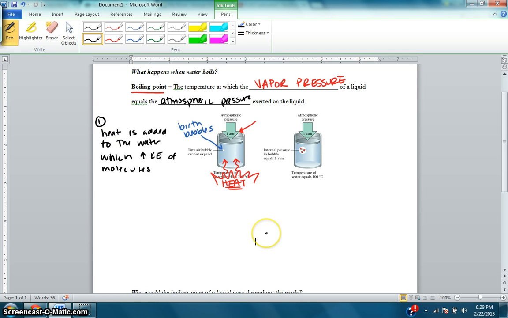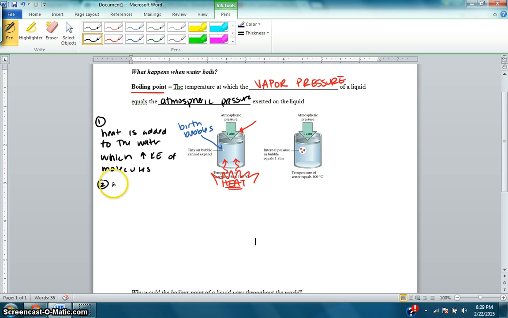So that's the first thing we have to do when we have boiling: we have to have heat being added to our water to make the molecules move faster. Because we learned in our evaporation reading that in order for us to evaporate, we have to break our intermolecular forces. And that's what has to happen in order for us to boil. We have to be able to break those forces so we can escape from the liquid into our birth bubble.